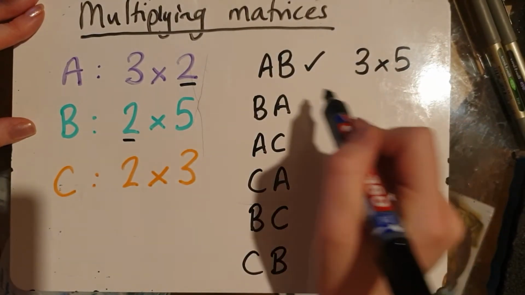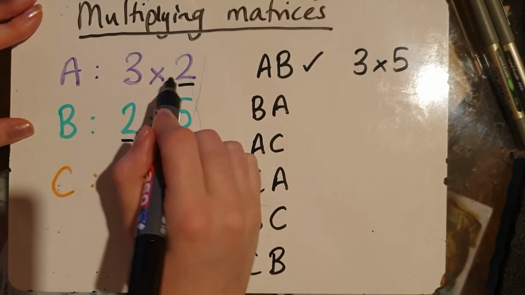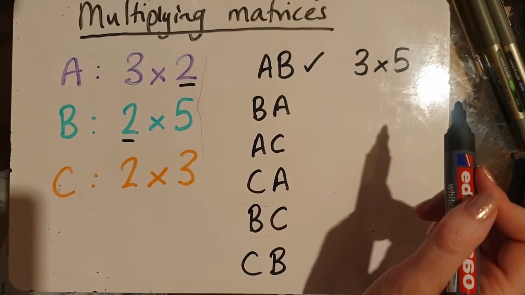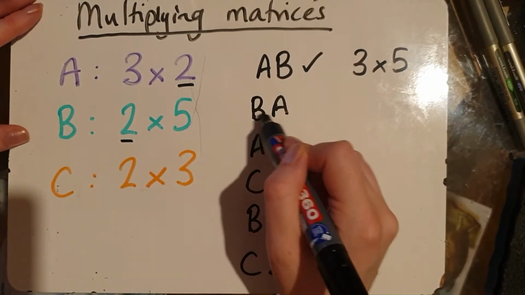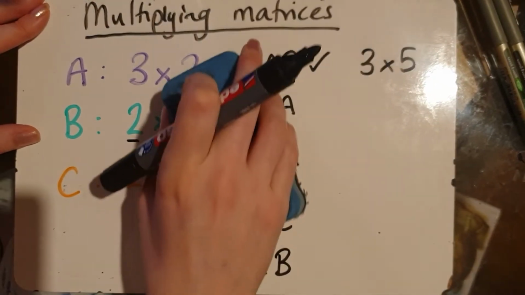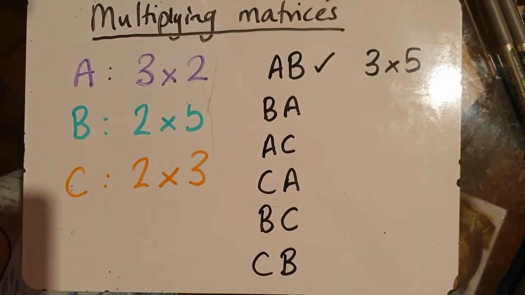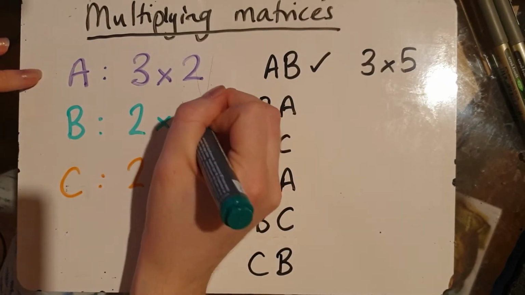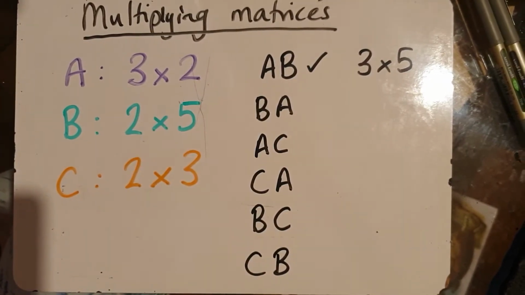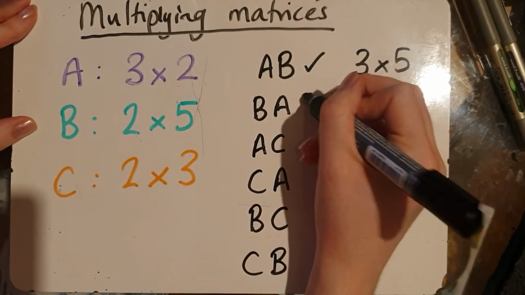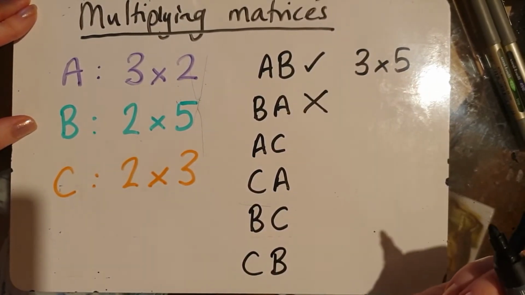That means the matrix that I get from multiplying these two together will have 3 rows and 5 columns. What about B times A? The number of columns in matrix B is 5. The number of rows in matrix A is 3. These numbers do not match, so I cannot multiply them in that order.